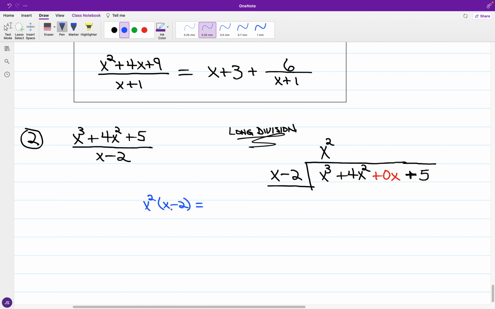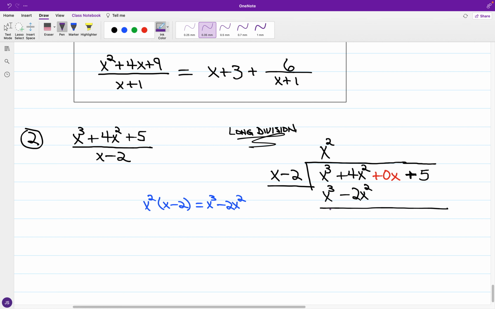And we distribute, so you have x squared times the quantity of x minus 2. So you're going to have x cubed minus 2x squared. Then we'll line up these terms underneath the like terms from the dividend. So I've got x cubes lined up, and negative 2x squared situated underneath 4x squared.